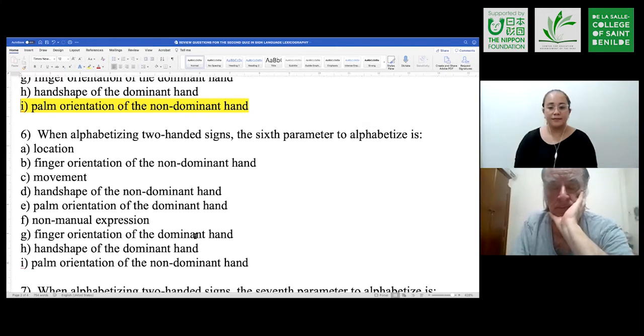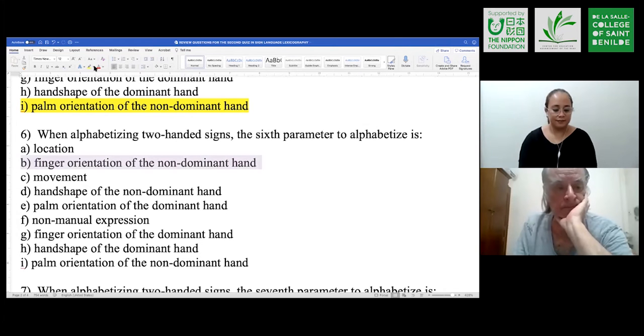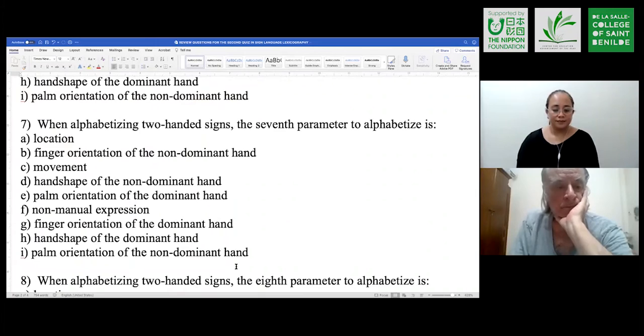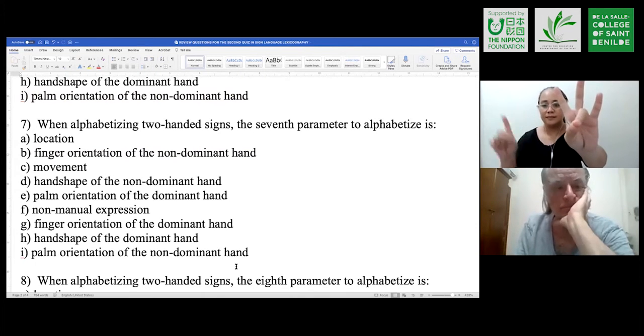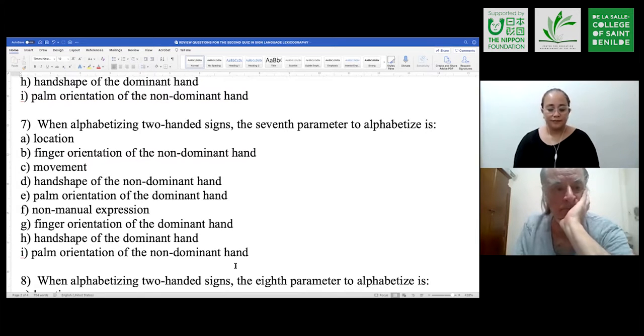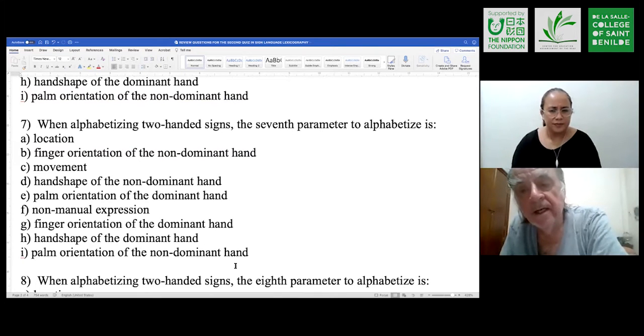Phoebe, Jasmine, Yami sign B as in boy. B as in boy, yes. Number 7. Jasmine and Yami and Marvin say A. Sorry, A or C? They're signing A, the location. A, yes. A is correct.